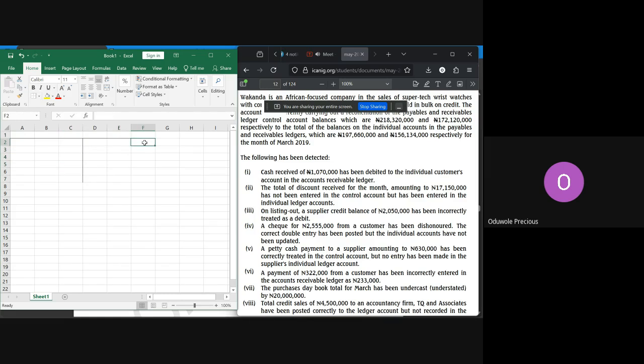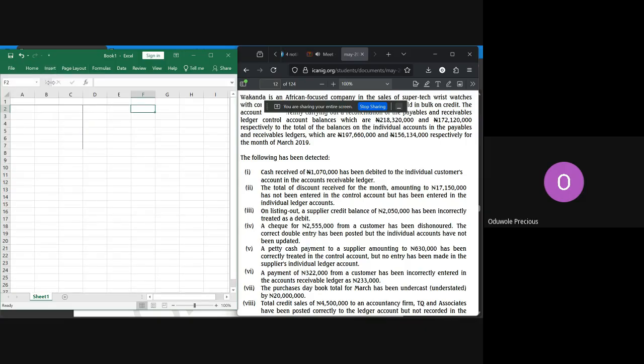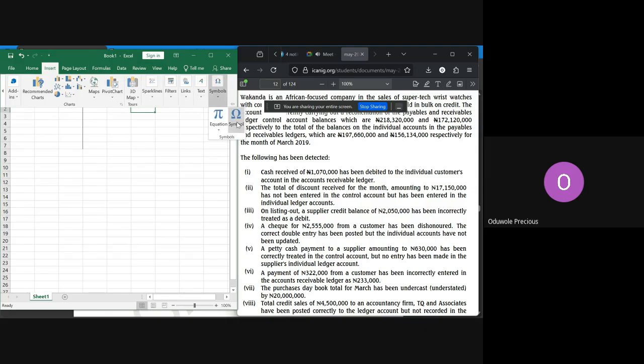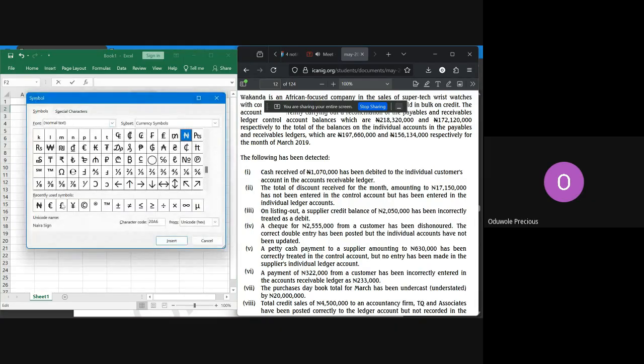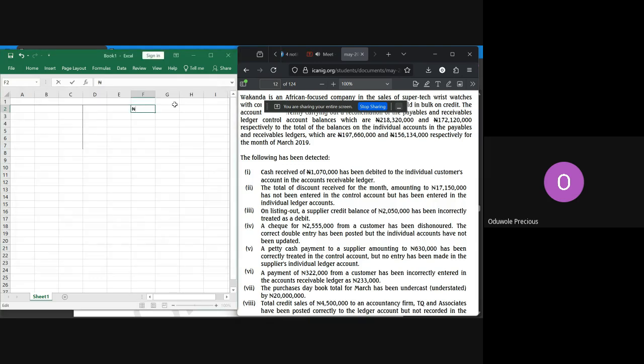Let's use Naira in millions because of space. So I have Naira in millions.